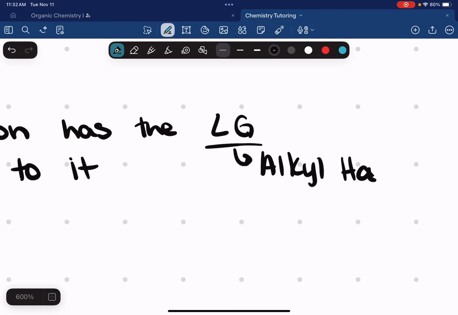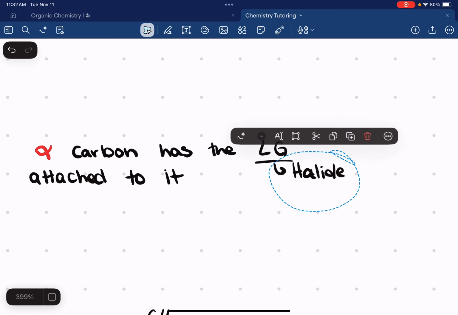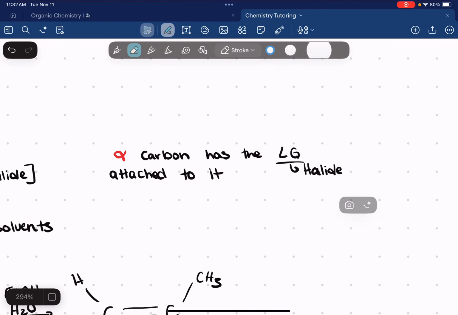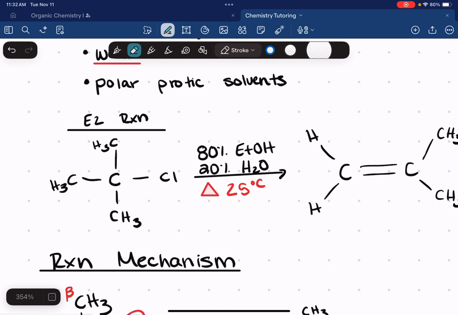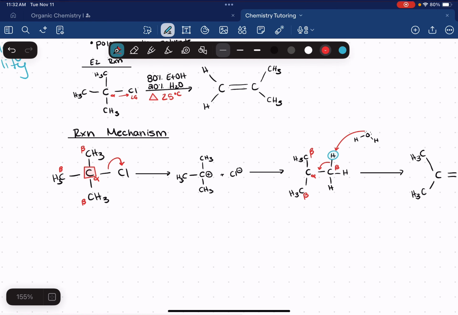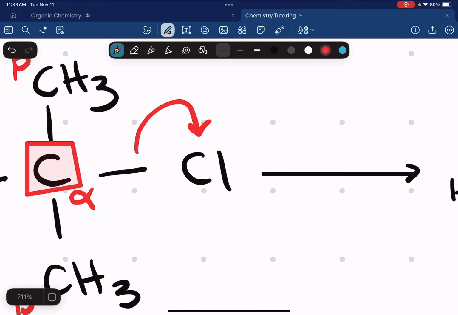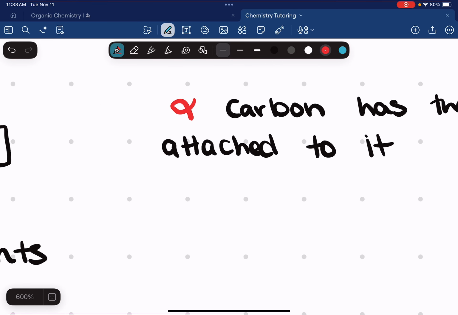I don't think you guys will have reactions that aren't alkyl halides. Or the whole thing's alkyl halide, so really it's just AKA the halide itself. So if you notice, this is the alpha carbon, right? Because it's connected to the leaving group. Okay? Beta carbons are just carbons attached to the alpha carbon. Can write that too.